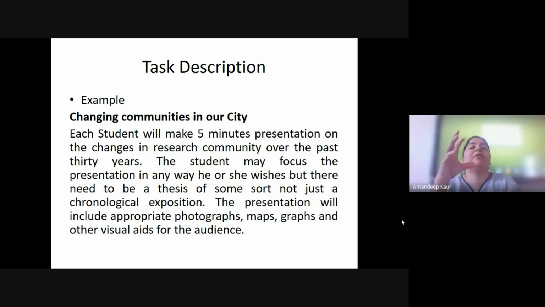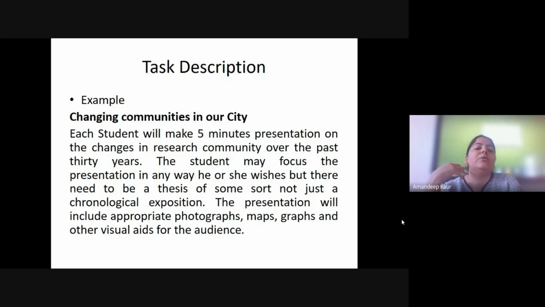So that is why for an activity that is given by the teacher to the student, the task description must be very clear, so that the student is able to understand up to what extent I need to complete that activity. Otherwise, for 5 minutes of presentation, a student may take 1 to 2 hours for the design of slides, but I need only one slide that is in graphical form only.